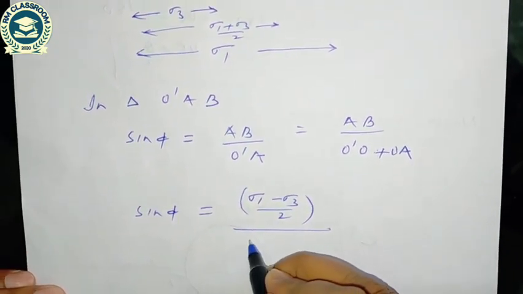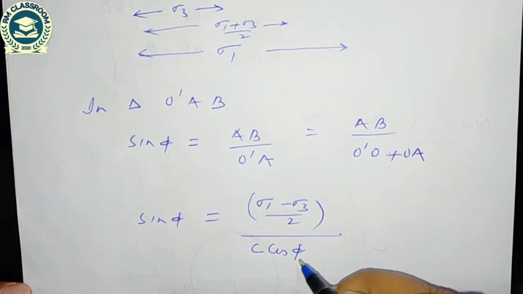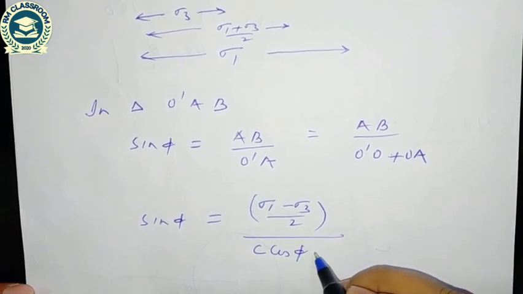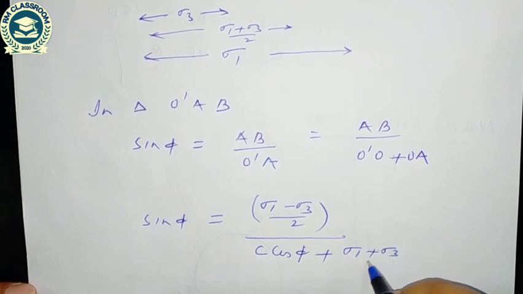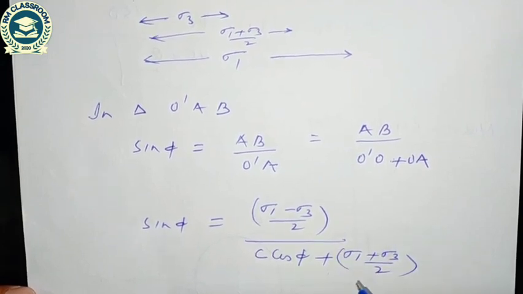So O dash A is C cos phi plus OA, which is sigma 1 plus sigma 3 by 2.